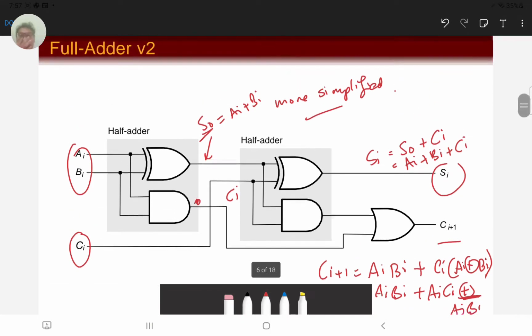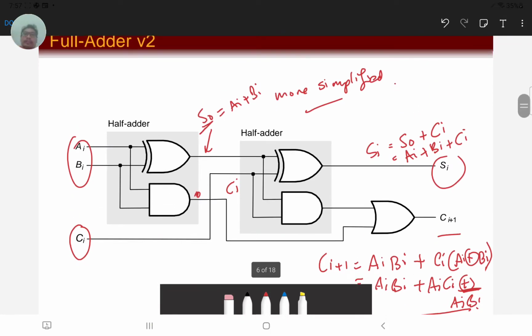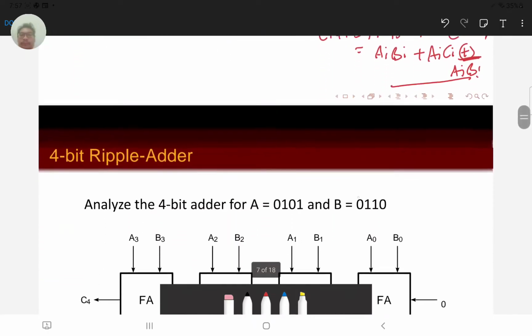Okay, so the two implementations of the full adder, one is a more efficient implementation where we save one logic gate, which is cheaper and also faster as well.